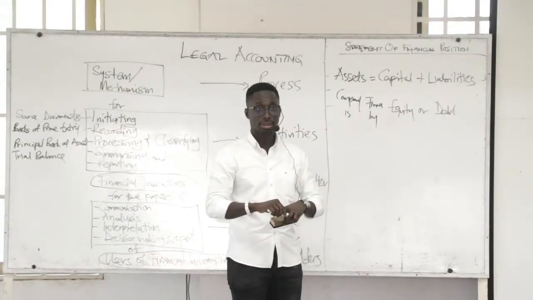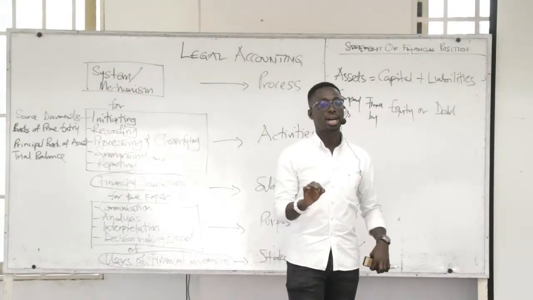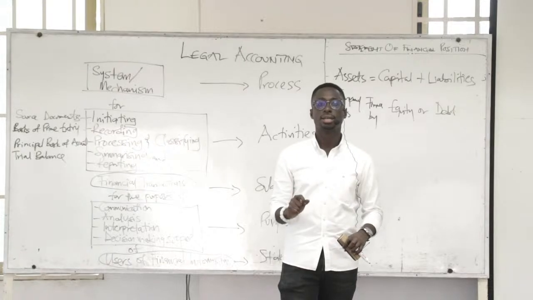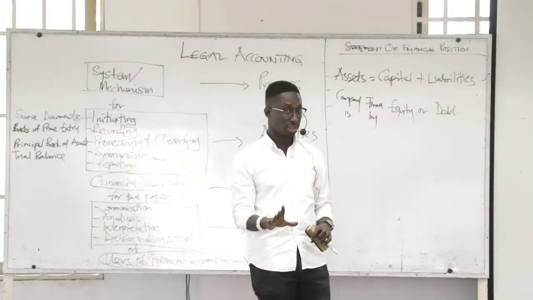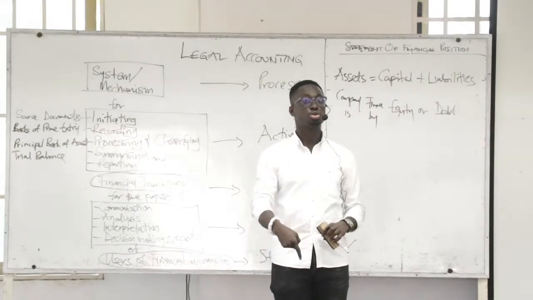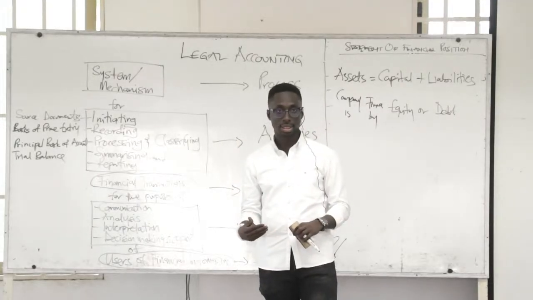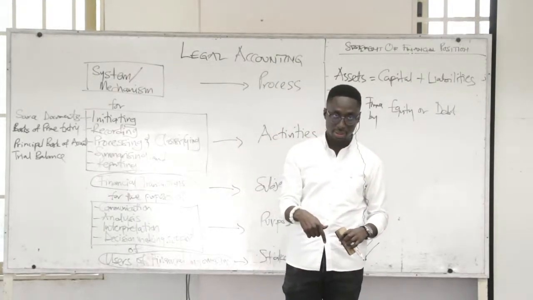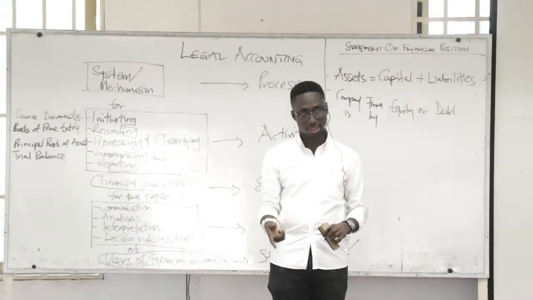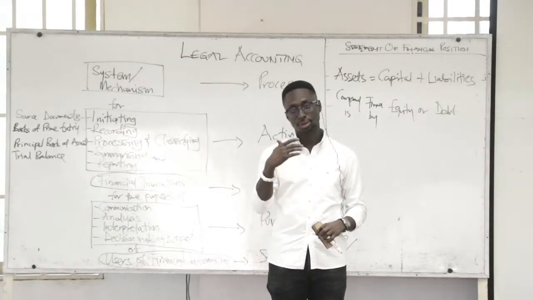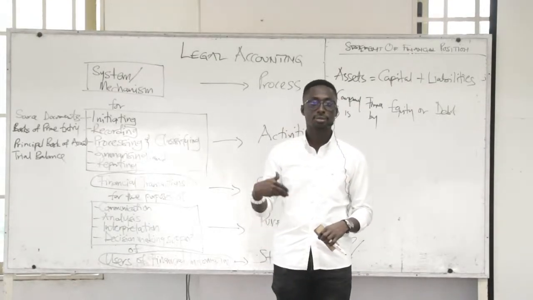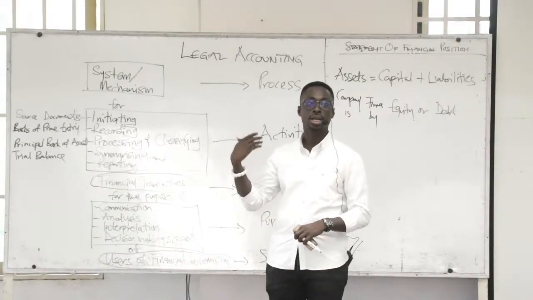What are assets? So assets are economic resources of a past event. They bring economic benefits to the entity, owned by an entity as a result of a past event.